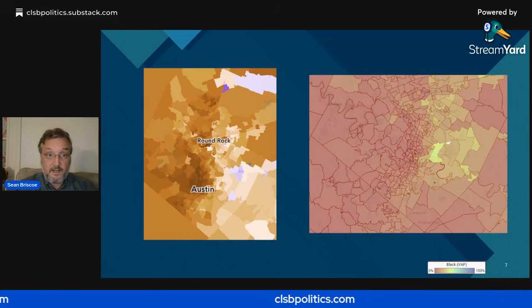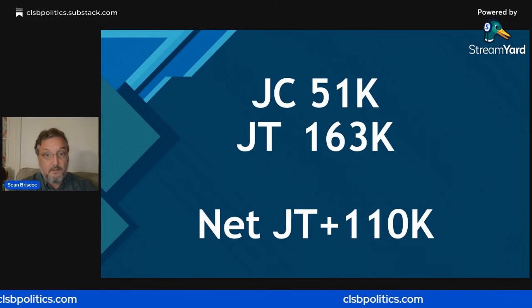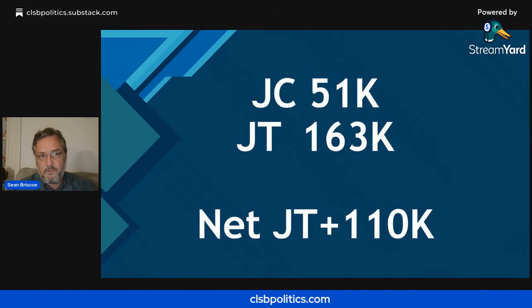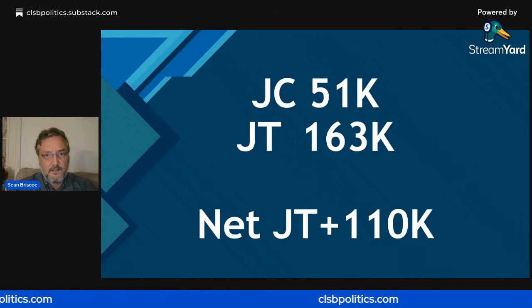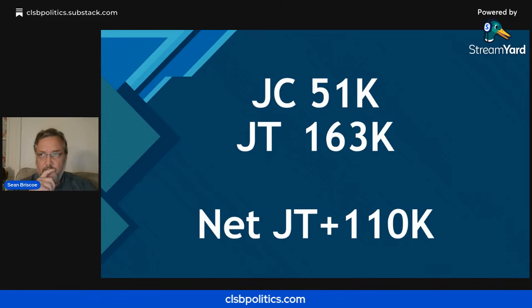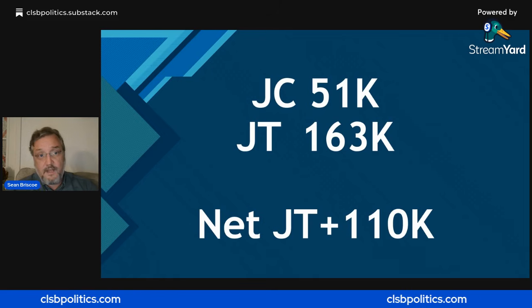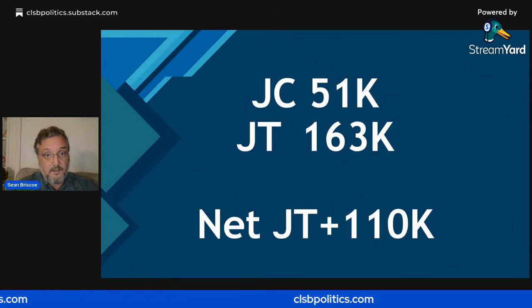So we would expect a county like this to turn out very heavily for James Talarico. He got 110,000 more votes in Travis County than Jasmine Crockett did. So if you won by 150,000, well, here's 110,000 of his votes right here.